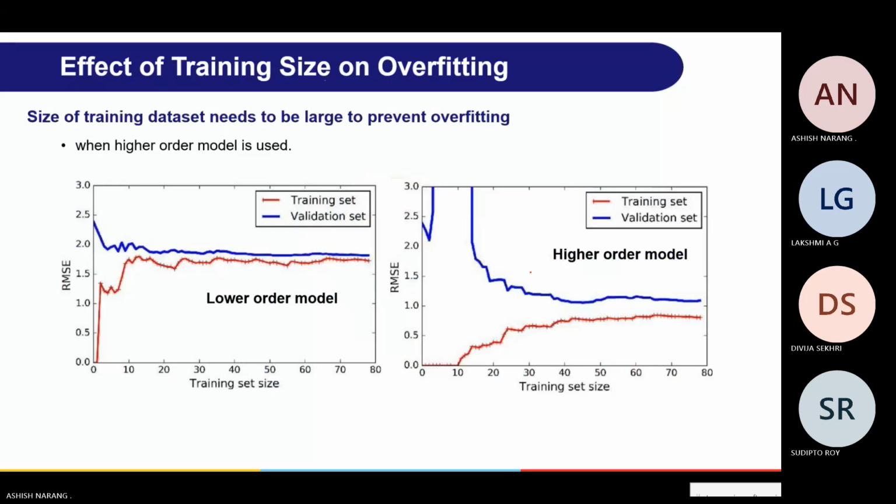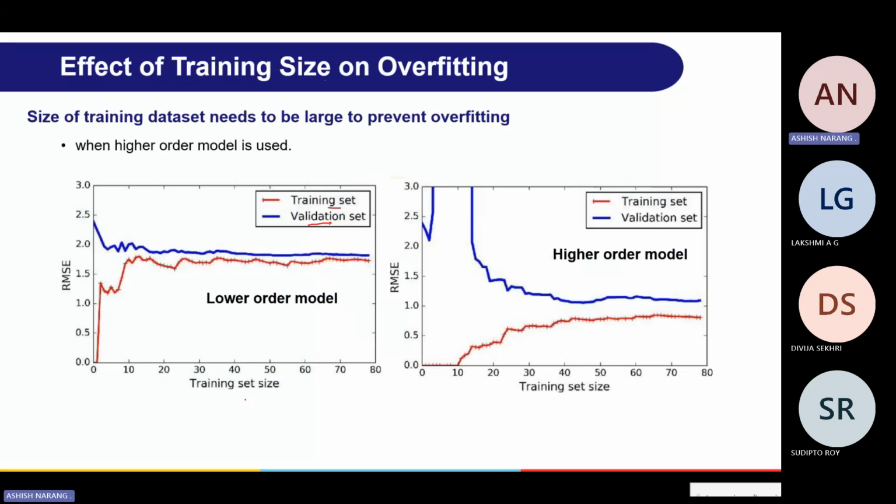Now, see carefully what we mean by a lower order model and a higher order model, right? What do you see here? There is a training set, there is a validation set.